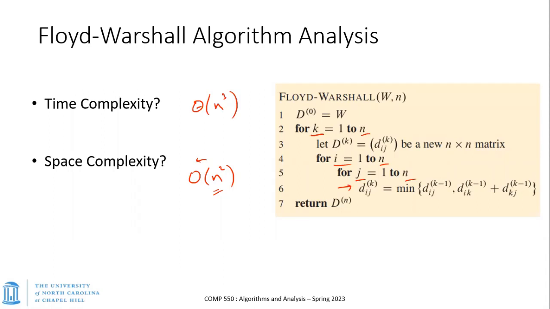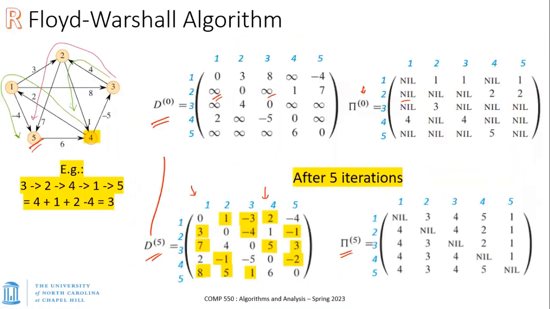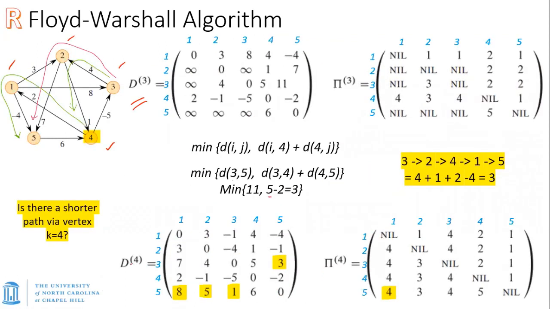But is there a better answer? Yes. This algorithm doesn't show you that. It's sort of saying let's keep track of all of these. But if you see through that, you never used any of the earlier matrices, right? When we looked at D4, for example, you're only using D3.